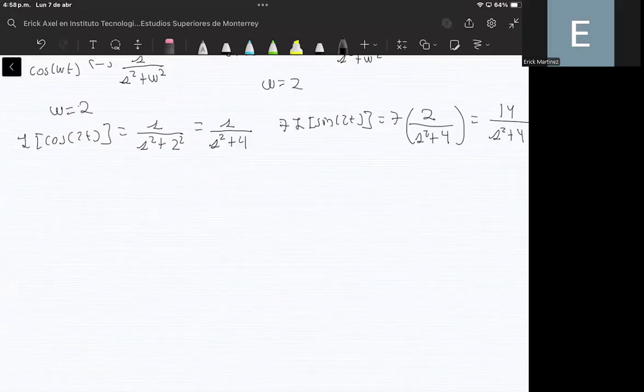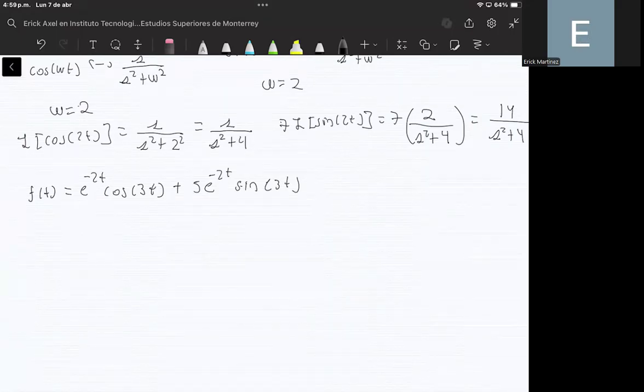We have f of t is equal to e elevated to the minus 2 times t times the cosine of 3 times t plus 5 times e elevated to the minus 2 times t times the sine of 3 times t. Okay? Now we also have tables that relate the multiplication between an exponential and a cosine function.